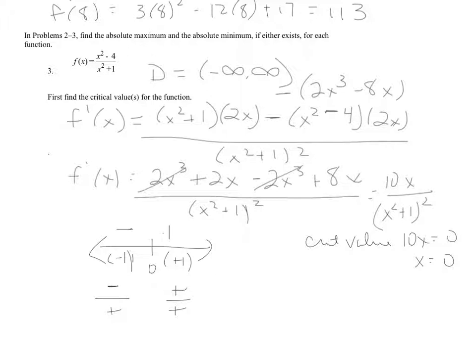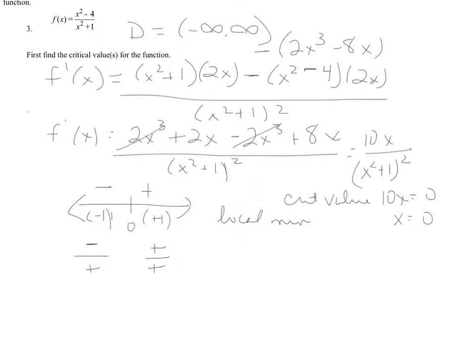If I go from negative, decreasing, to positive, I know this is a local min when x is 0. Now, how can I tell if it's going to be absolute? You remember?